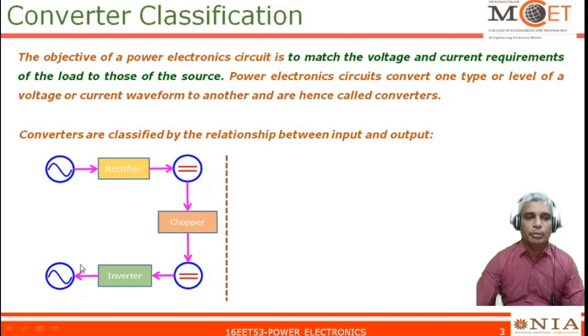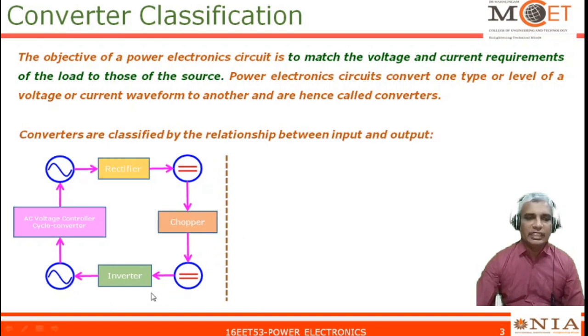Similarly, if I want to convert fixed or variable AC voltage into a variable or fixed AC voltage, then I require another type of power electronic converter which we call either an AC voltage regulator or a cycloconverter. So here we have four different types of converters. AC to DC converters are called rectifiers. DC to DC converters are called choppers.